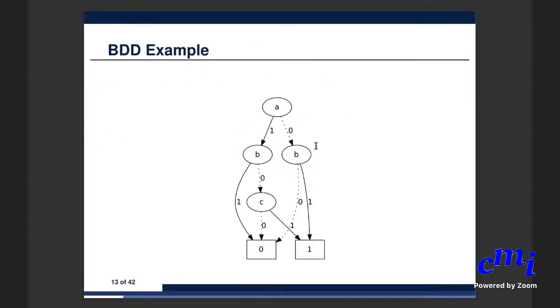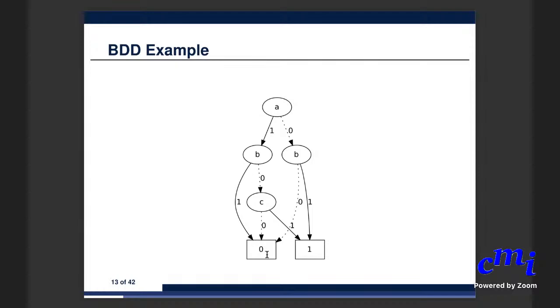For example, this is a representation for which function? It should be read as follows: the solid edges are 1, and the dashed edges are 0.